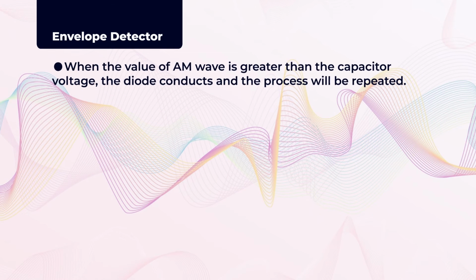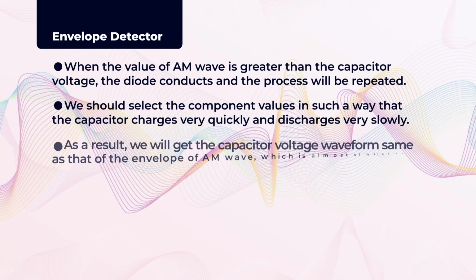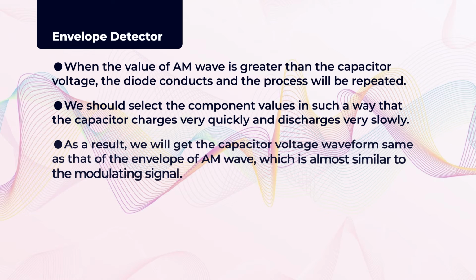When the value of AM wave is greater than the capacitor voltage, the diode conducts again and the process will be repeated. We should select the component values R and C in such a way that the capacitor charges very quickly and discharges very slowly. As a result, we will get the capacitor voltage waveform same as that of the envelope of AM wave, which is almost similar to the modulating signal.